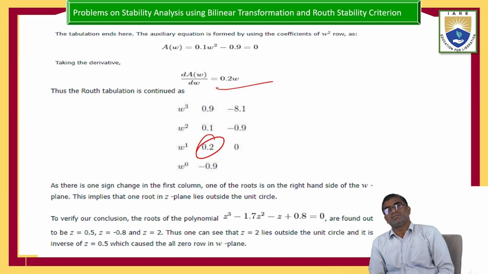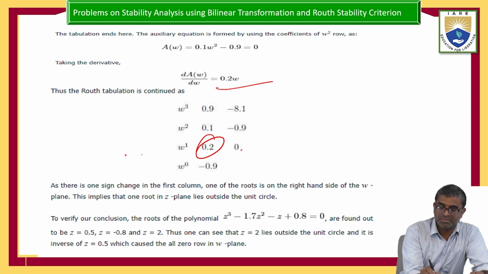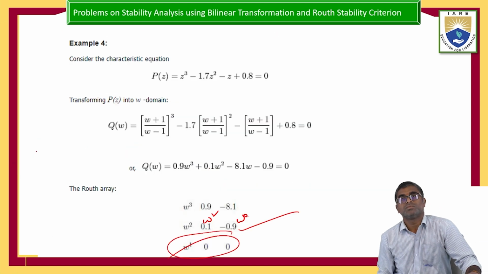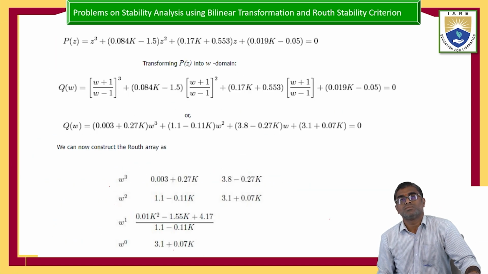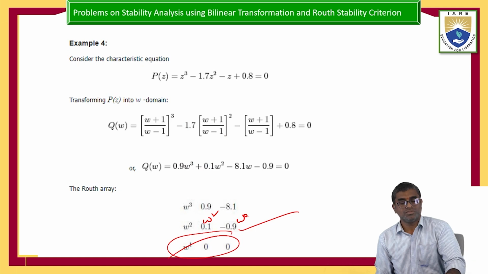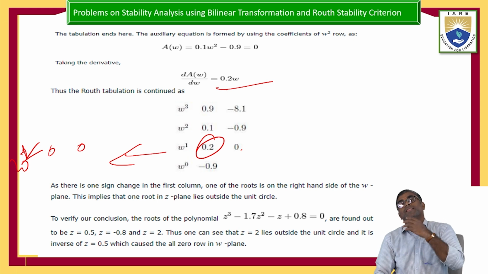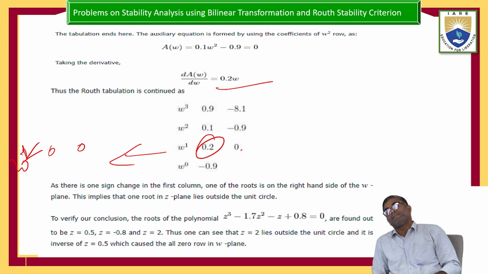Another singular case: what happened in the previous one? We got 0 and 0 at omega power 1, but here 0.2 has come.